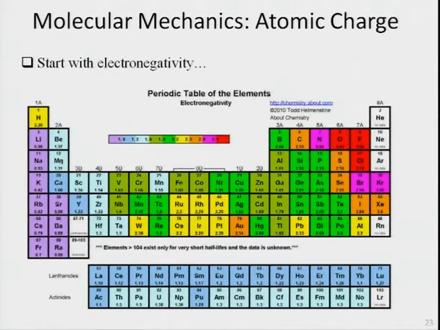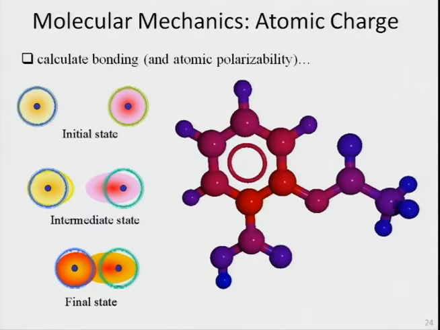And you might remember that the elements to the right and to the top of the periodic table have high electronegativity, and the ones that are to the left and lower have lower electronegativity. There are reasons for that, which we really won't go into now. But the practical upshot is that we can have what's called polarizability happening.